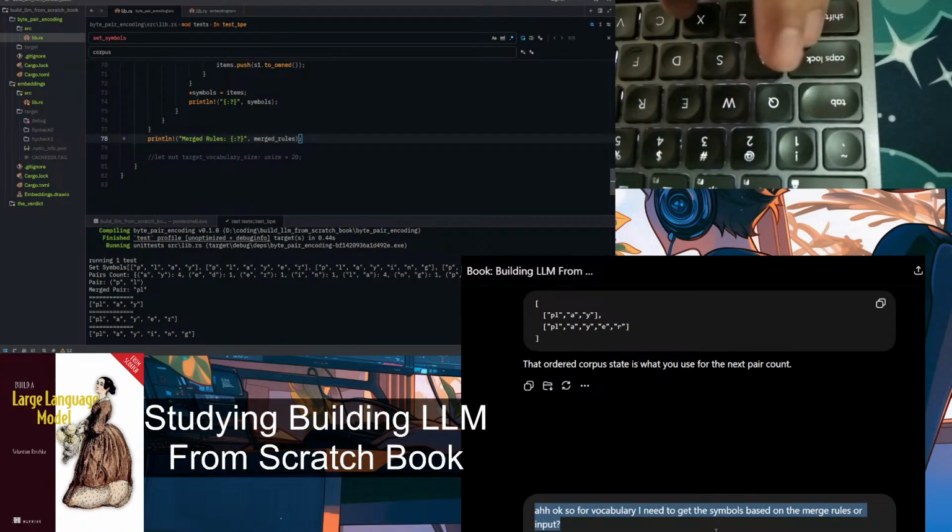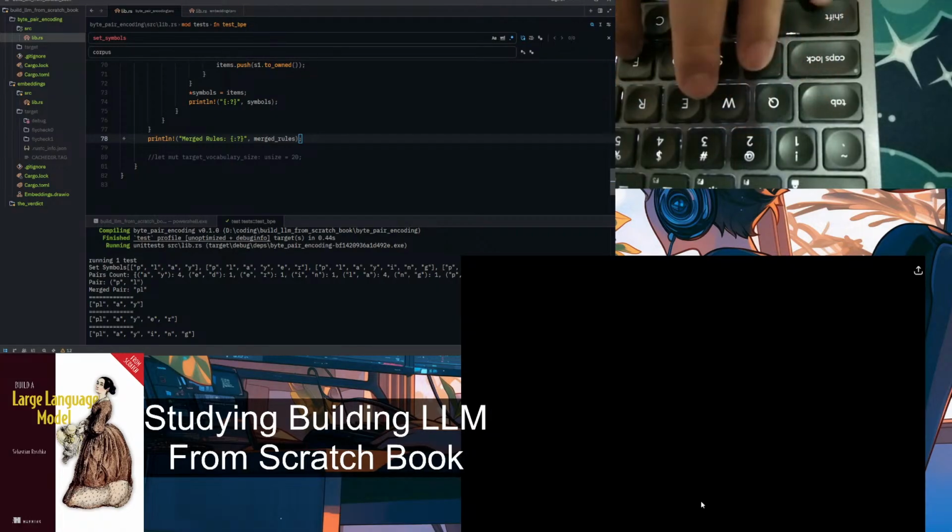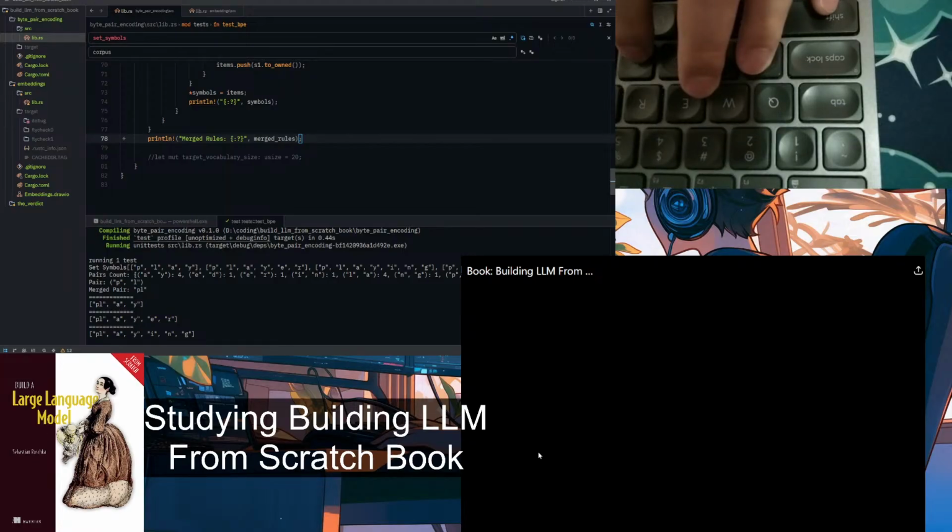Naglalag na yung ChatGPT. Kadami ng prompt ko. I need to start again. Hindi na siya naglo-load.